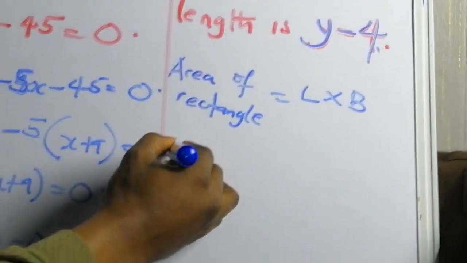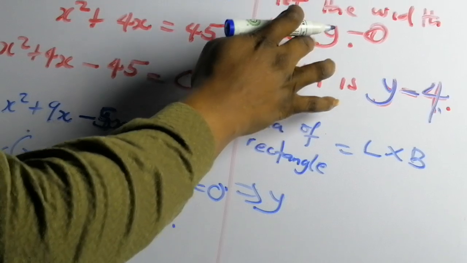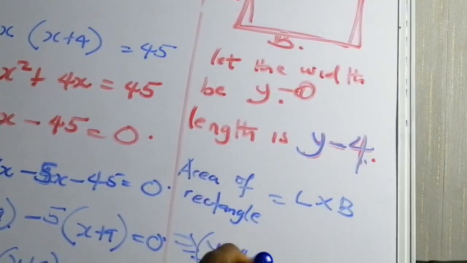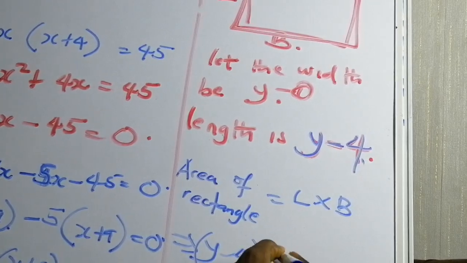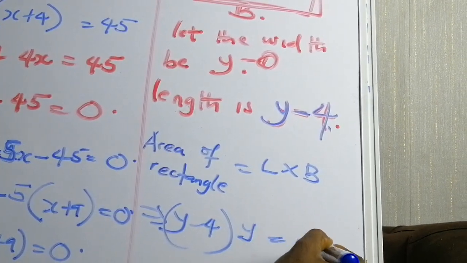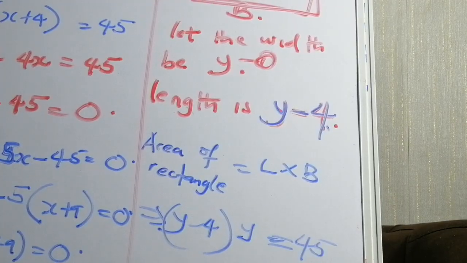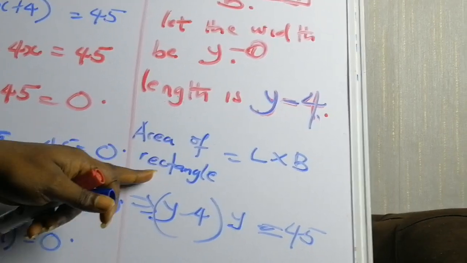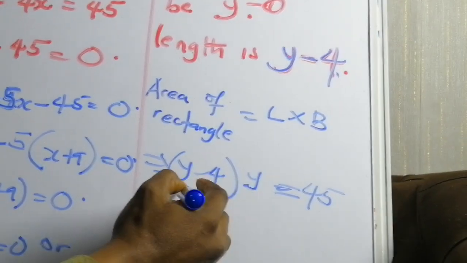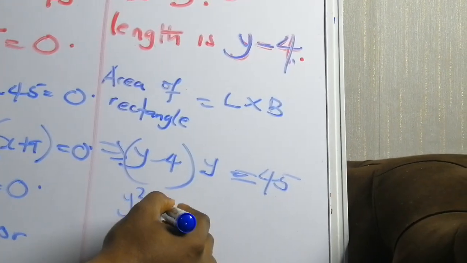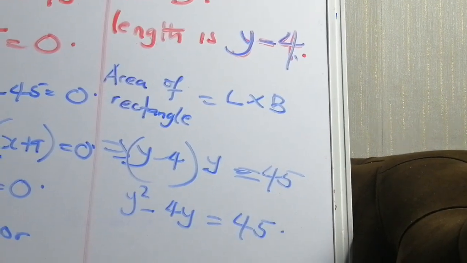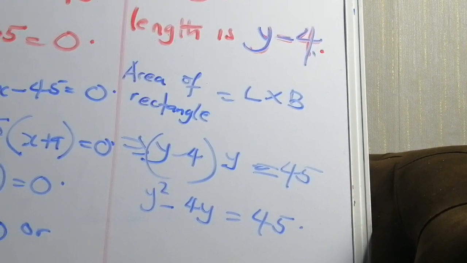My length is y minus 4, then my breadth is y, and they gave us 45. So the area of a rectangle is given as 45. It means y times y is y squared minus 4y equals 45. You can see that it's exactly looking like this.